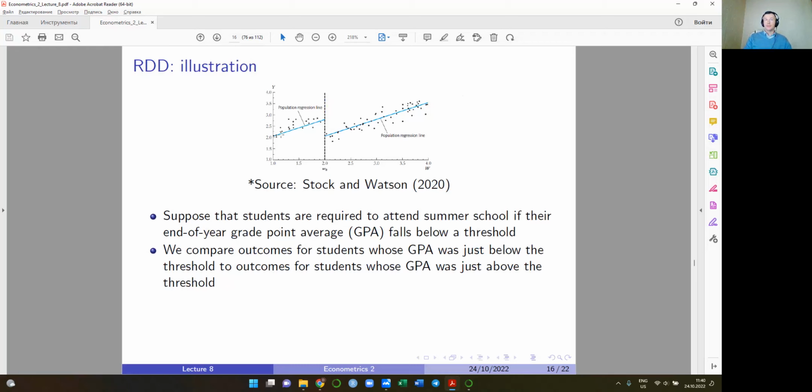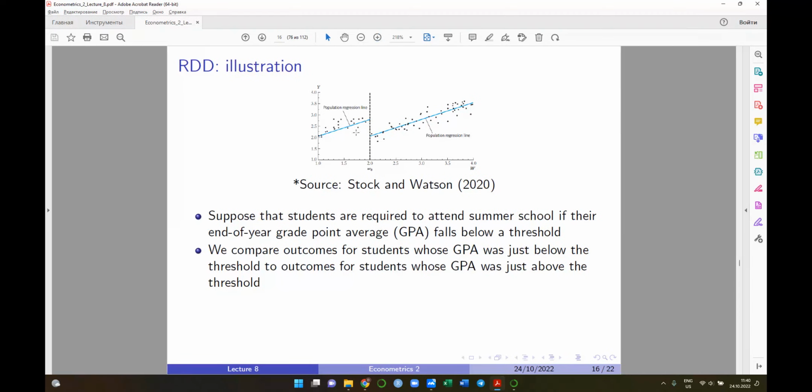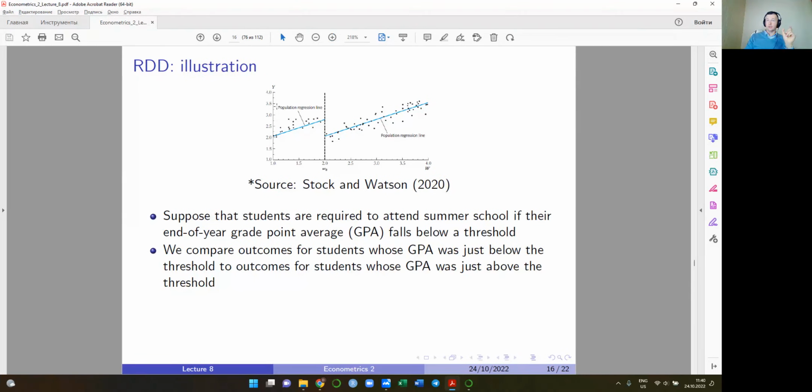Of course, if we look at the scatter plot, we see this abrupt change. These are people with the low grade, so those people who perform badly. And on the vertical axis, their score in the next year.